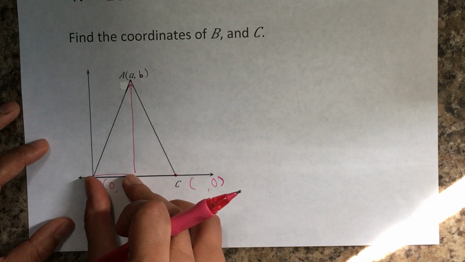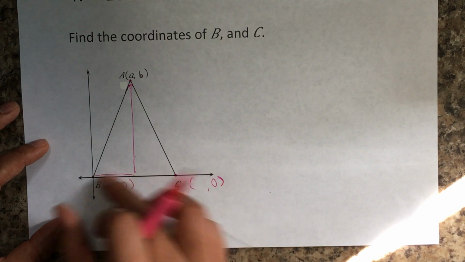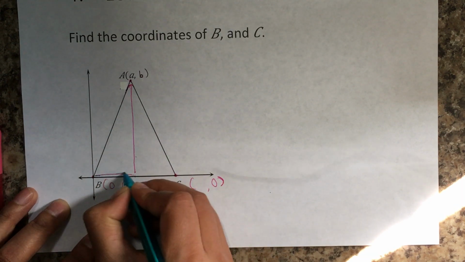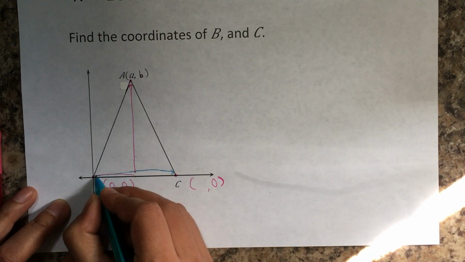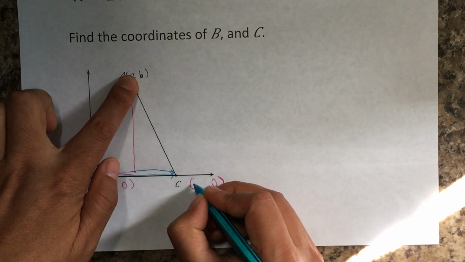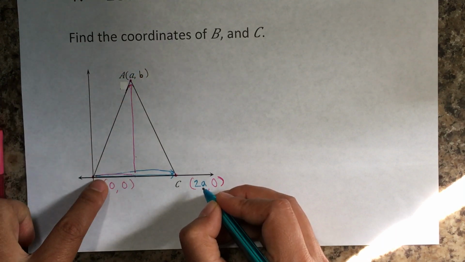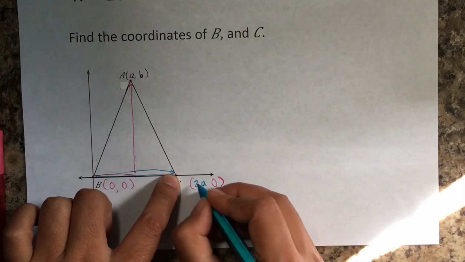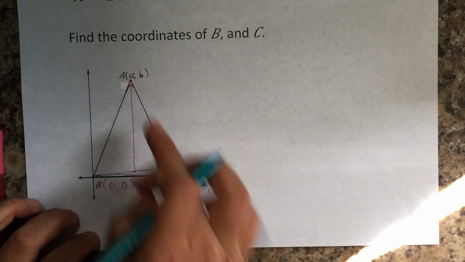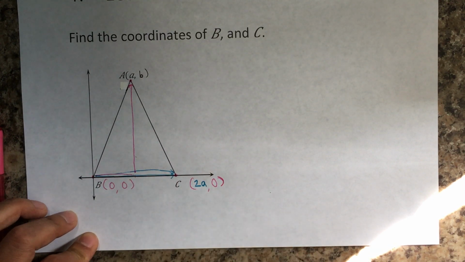Well, this is A and another A. So from here to here, it's going to be 2A. Why? Because I'm traveling A one time, two times. So they gave me this information, and that's how I use it in reference. I have two of those, so it's going to be 2A.